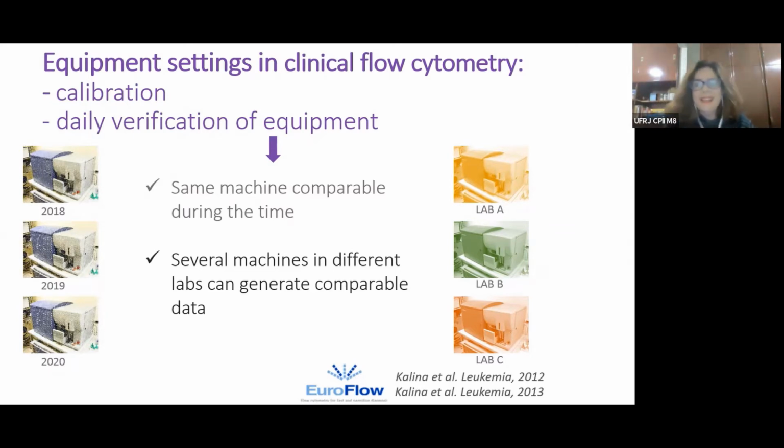It's nice because we get to have many samples from different countries to establish a database for several diseases in the Euroflow consortium, but also in day by day work, it's very interesting.